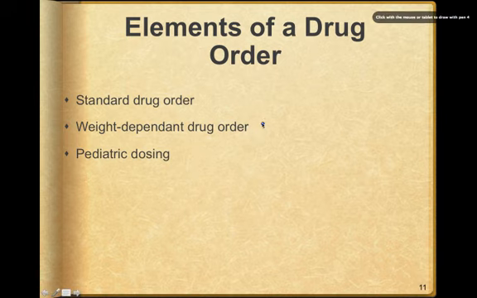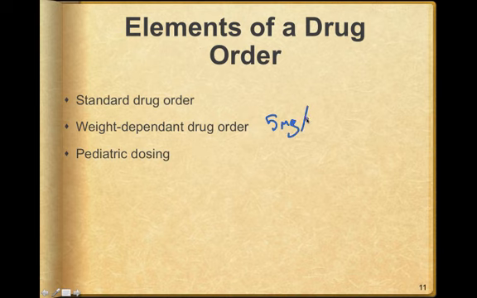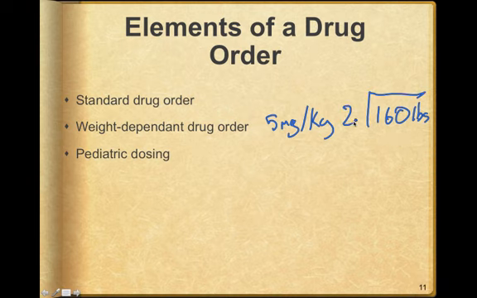Let me kind of explain that. So let's say that I wanted to administer 5 milligrams per kilogram, and they weighed 160 pounds. First of all, I need to get the pounds converted to kilograms, divided by 2.2. And then I would take that answer, however many kilograms there are, and multiply it by 5.